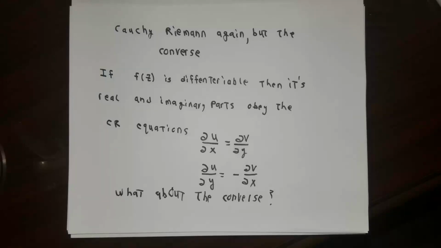Good morning. Today, I'd like to talk about the Cauchy-Riemann equations again, except from a different point of view. In a previous video, we convinced ourselves that if a function f of a complex variable is differentiable, then its real and imaginary parts have to obey the Cauchy-Riemann equations, which I'm going to abbreviate as CR here.